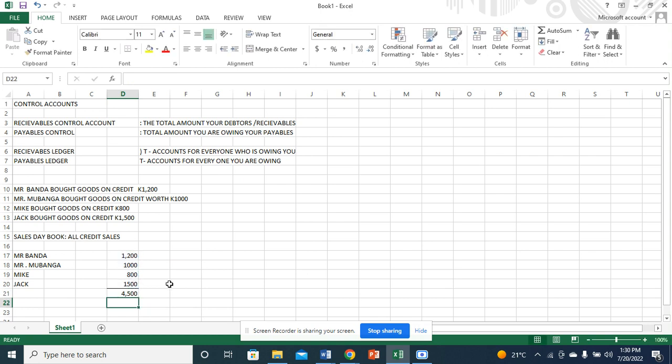4,500. Now, what's going to happen is we're going to open the T accounts of each of these people. All of them have to have their T account.